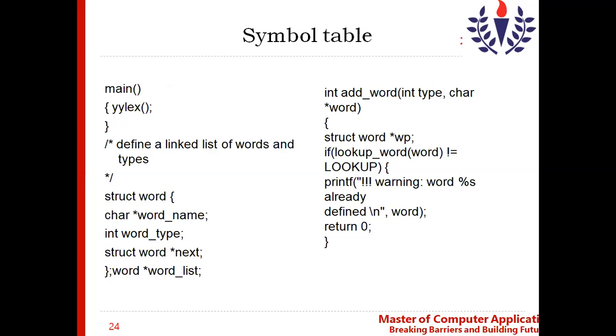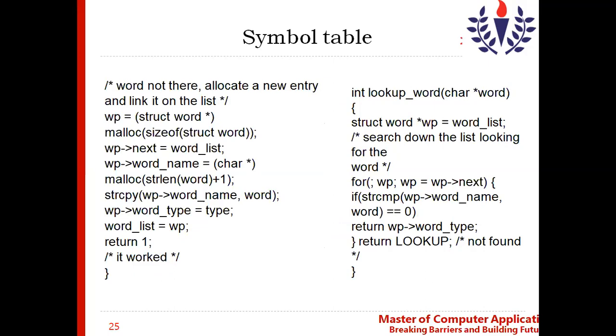That is, we are searching the linked list, and whether it is already defined or not, we have to search, then we have to add the words. So that is where we can see the adding of words.